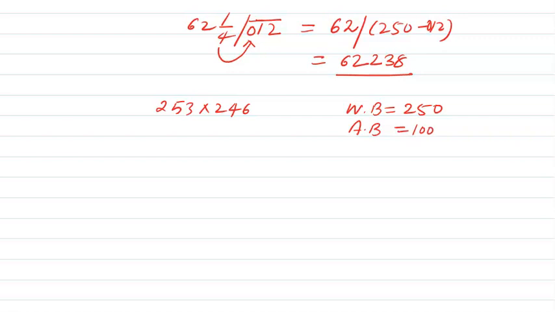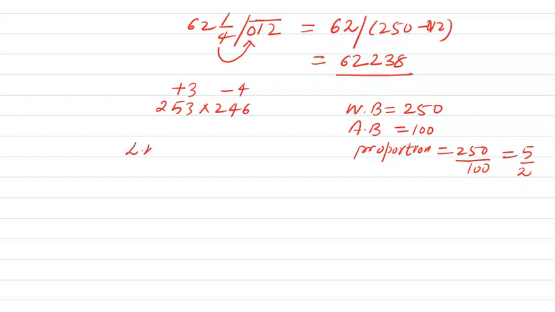So what will be the proportion here? The proportion here will be equal to 250 by 100, right? So 250 by 100 is basically equal to 5 by 2, or 2.5. So this is plus 3 more than 250. This is minus 4, means 4 less than 250.